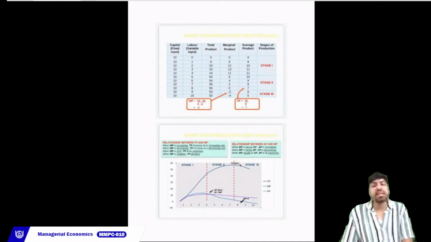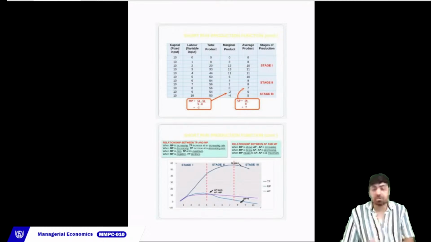If you see the light blue curve, that is called the marginal product. Slowly, the marginal product is increasing, then it starts declining.